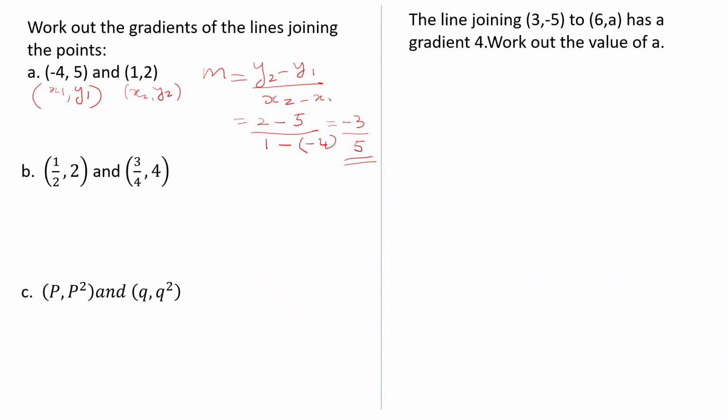If you take the first coordinate as x1, y1 and the second one as x2, y2, you need to keep the same coordinate pairs, x1, y1 and x2, y2. For example, if you choose the first y coordinate as 2 and the second x coordinate minus 4, that is wrong.